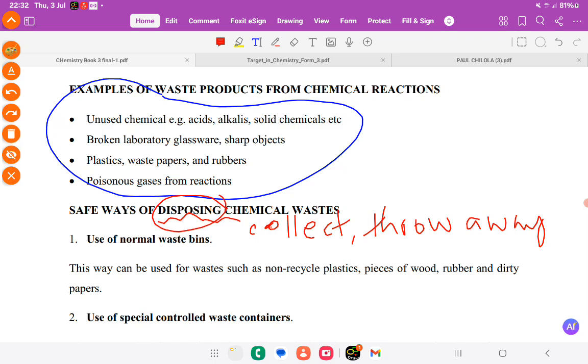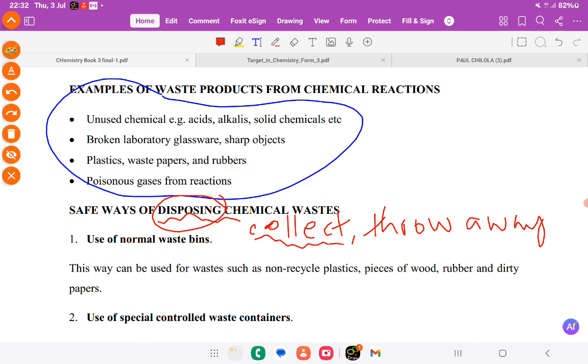So unless this is done in a safe way, it is going to be a hazard to you, the learner, the student, or the teacher that works in it, the lab technicians, and of course, not forgetting the beautiful environment of your school.